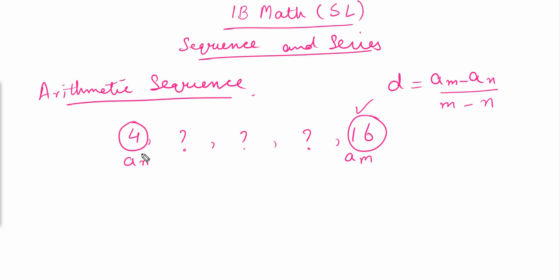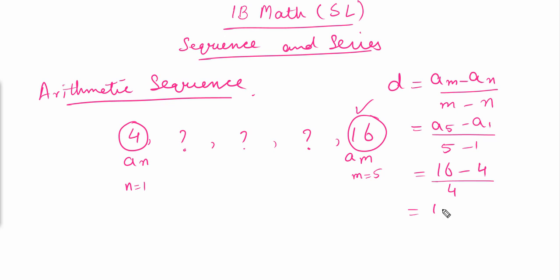The first term means n is equal to 1, and the fifth term means m is equal to 5. So I'll write a of 5 minus a of 1 divided by 5 minus 1. a of 5 is 16, a of 1 is the first term, that is 4, divided by 5 minus 1, that is 4. 16 minus 4 is 12, so it's 12 over 4. In this way we find the common difference, d, which is equal to 3.